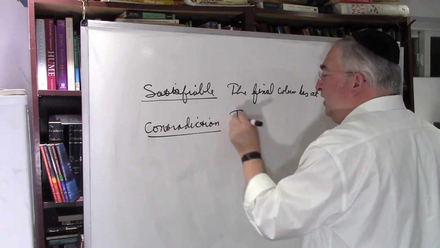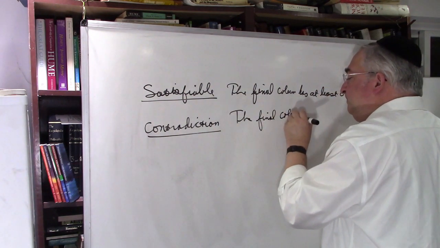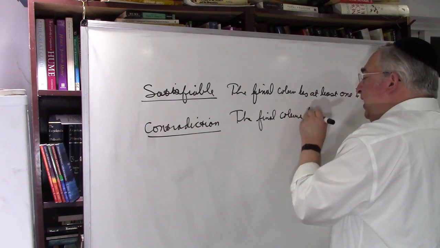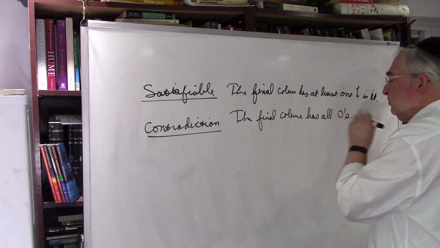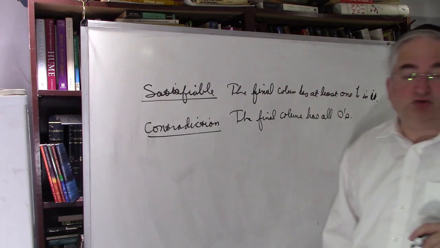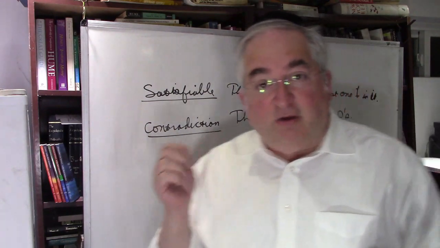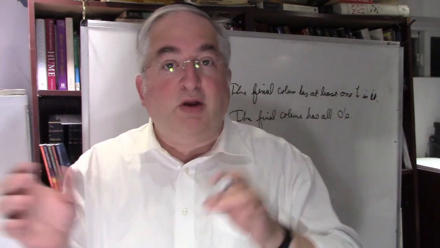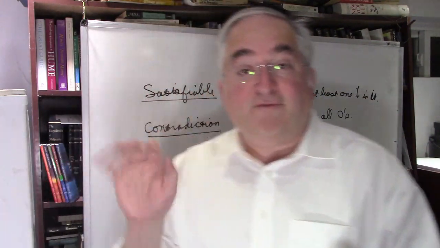The final column has all zeros. There's no way to make this true. No matter what the values of the variables are, the final result is false, 0.